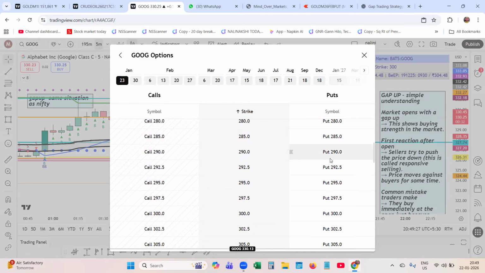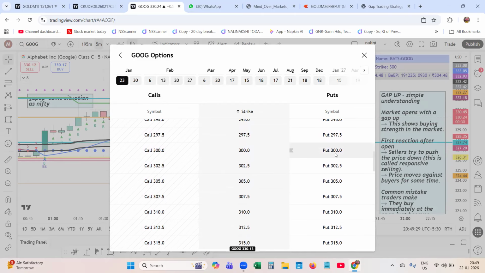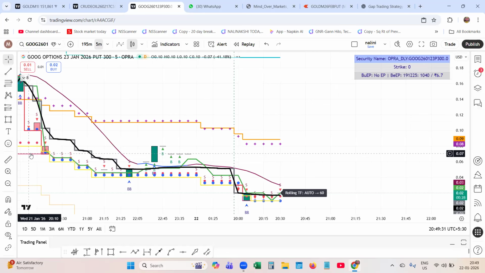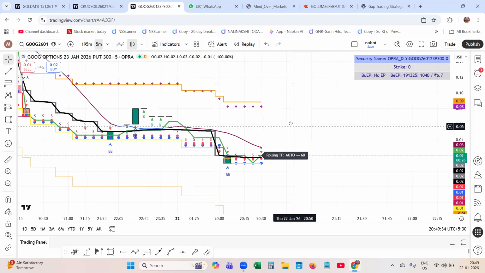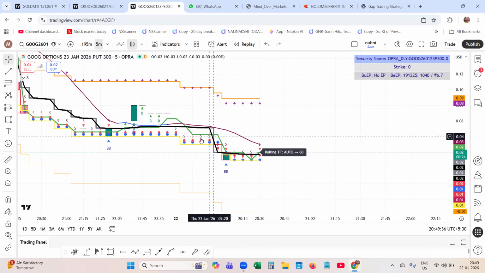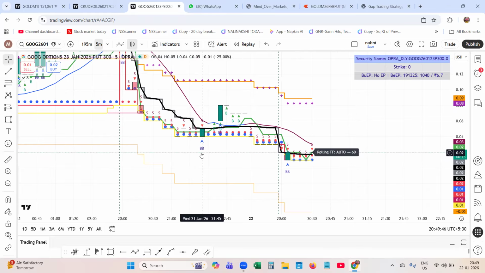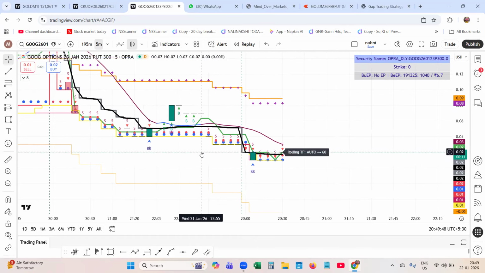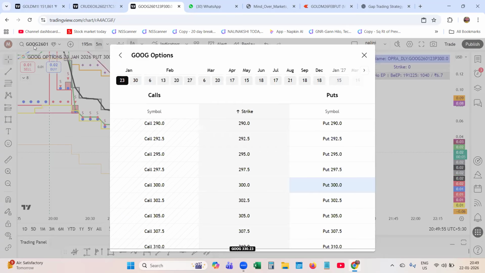Yeah, there is a 300 put option. No liquidity is there in the market. Many times I've observed there is not much liquidity on the option side. Probably most of the option market participants are selling options, I believe. Anyway, I don't want to go into the options in this market.